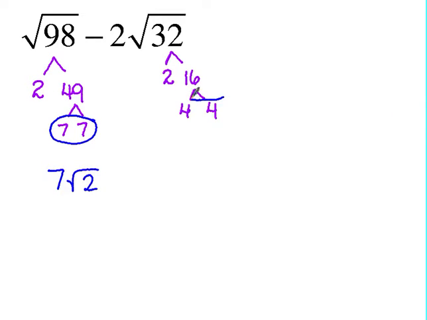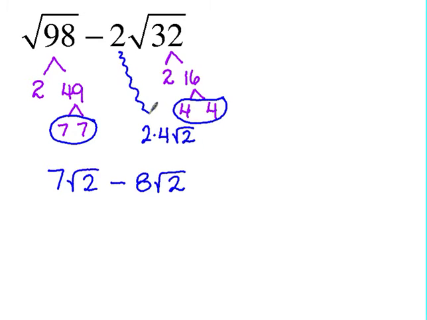It's going to be 4 root 2, but you already have a 2. So it'll be 2 times 4 root 2, which is really 8 root 2. Okay, notice here you had a 2, right? So that's where that 2 came from.